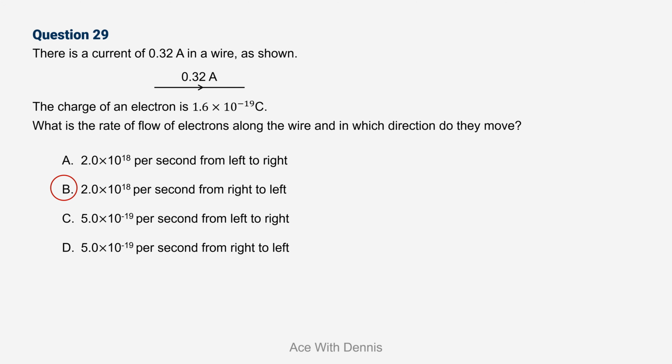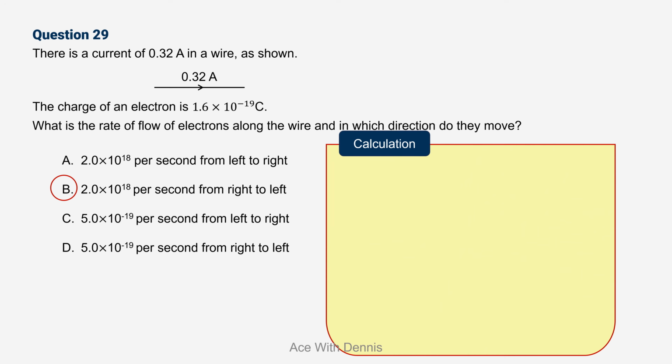The answer is B. 2.0 times 10 to the power 18 per second from right to left. So here's the calculation to get the rate of flow of electrons. We let n be the number of electrons flowing in the wire. The current definition is the rate of flow of charges, or we can use this formula, total charge divided by total time.